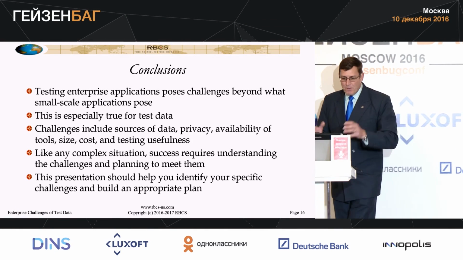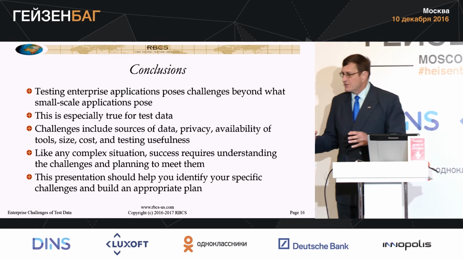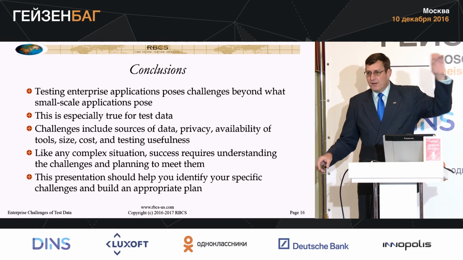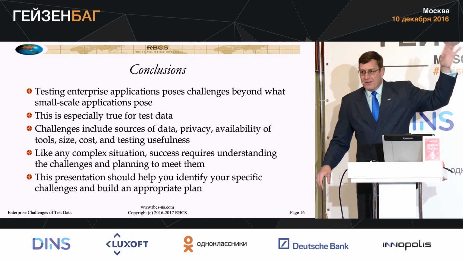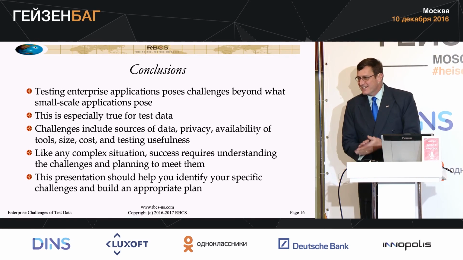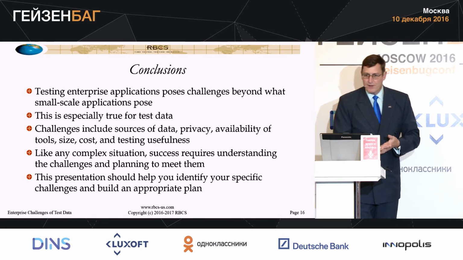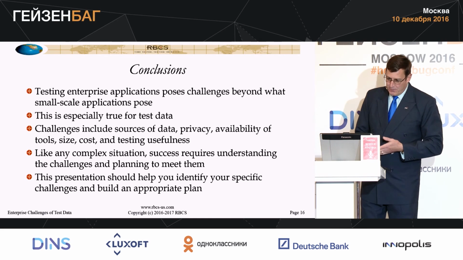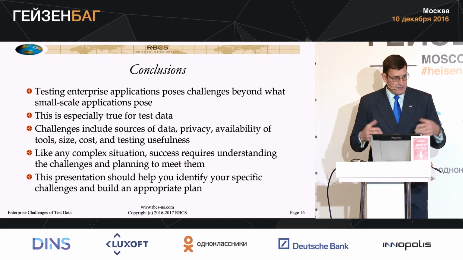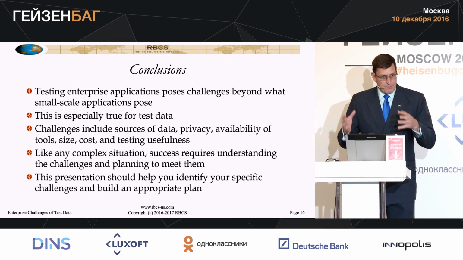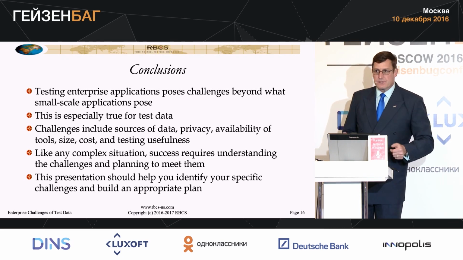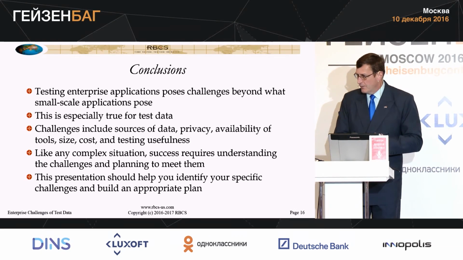Right? So the whole point of this presentation was, I'm trying to be that flashing red light. Don't make a horrible mistake with the test data because it'll be really painful later. Okay? So I hope that I've given you some ideas on how to go off and go, okay, these are the problems that I have, and this is how to approach it from a planning point of view.